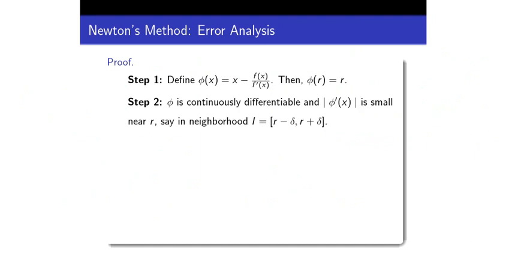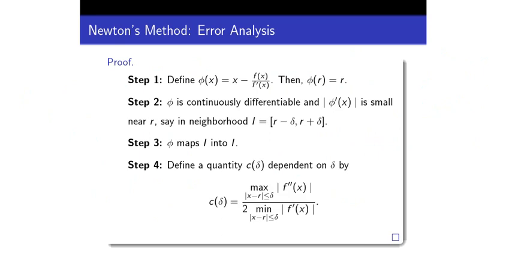So phi is continuously differentiable and mod of phi dash of x is small near r, say in a neighborhood. Small means phi dash of x tends to 0 as x tends to r. Okay, so let's say mod of phi dash of x, phi maps I into I.